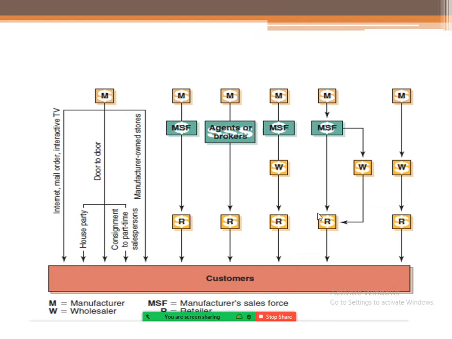So any number of options are available for us, and other channel structure alternatives for consumer products include various combinations of manufacturer sales force and wholesalers calling on independent retail outlets, which in turn sell to customers.